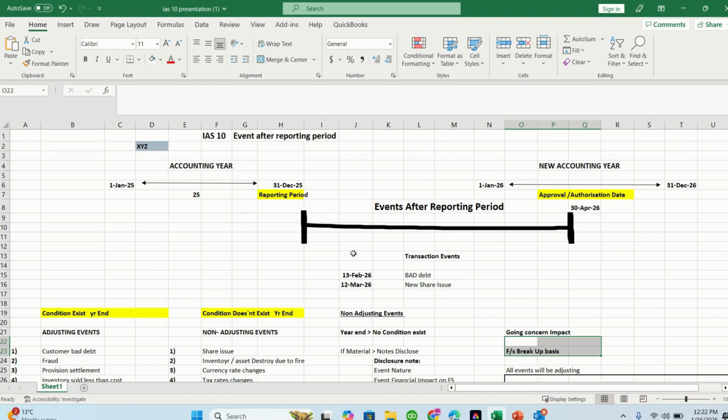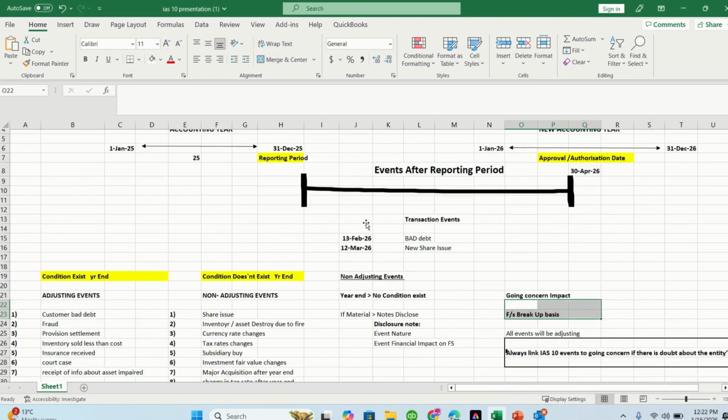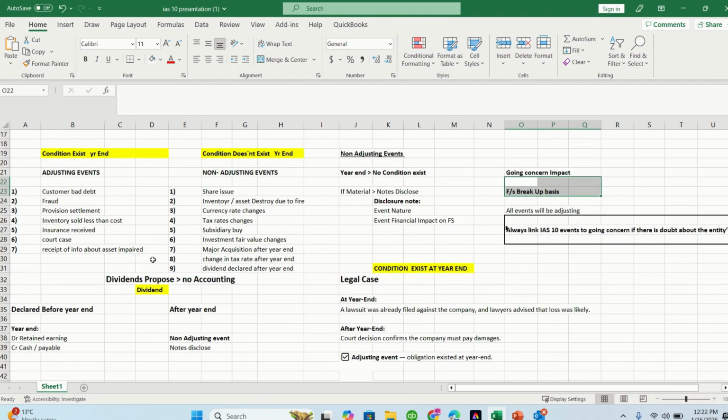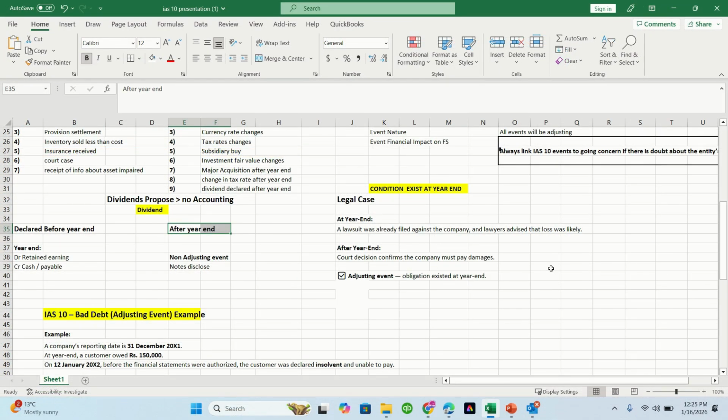Okay, another thing that I want to mention here is about dividend. Here we have a very important point in IAS 10, which is dividend. If a company proposes a dividend, there is no accounting treatment for a proposed dividend. But if it is declared, we need to see whether it is declared before year end or after year end.